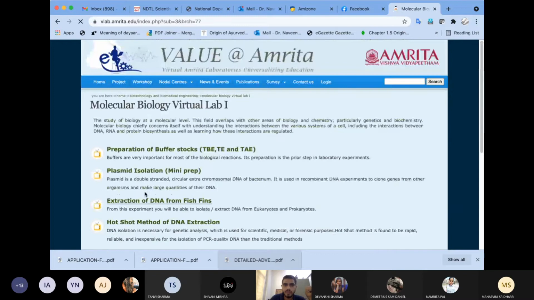In molecular biology lab 1, the first experiment is the preparation of buffer. Whatever experiment you start in a laboratory, the first thing is you must have the buffer stocks. Buffer stock simply means you are going to have some solution. So you must know how to prepare the solution, what the buffers are, what the pH is, and the different concentrations like molarity, normality and other types. These are basic things.